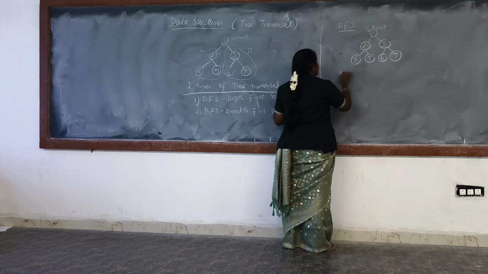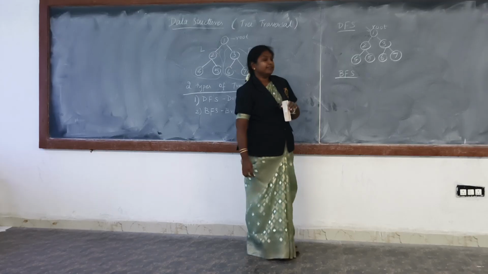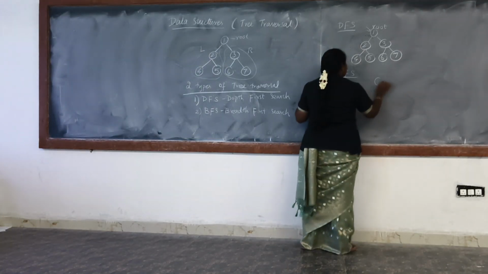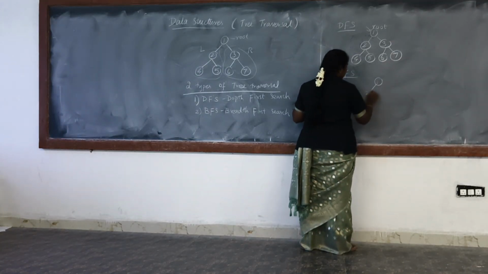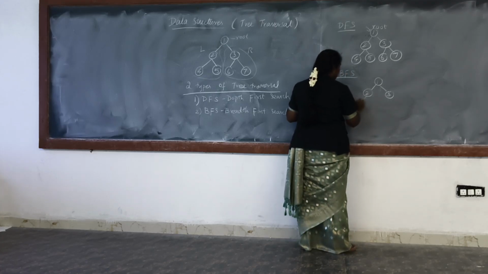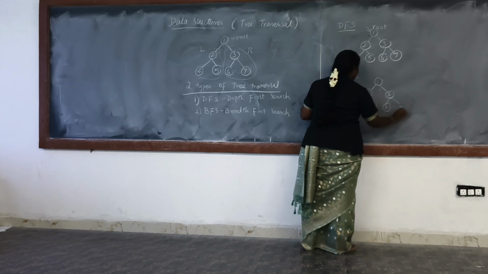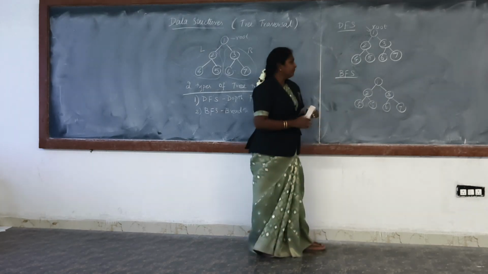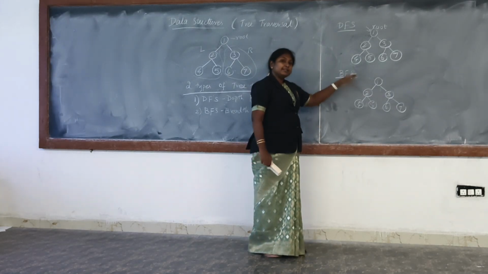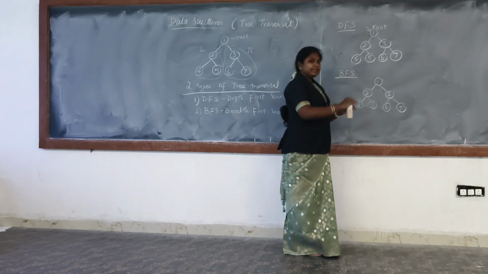So what is BFS then? Breadth first search. I'll take the same example. The tree contains the nodes 1, 2, 3, 4, 5, 6 and 7. So what is breadth first search then? Breadth first search is like you have levels in a tree structure.